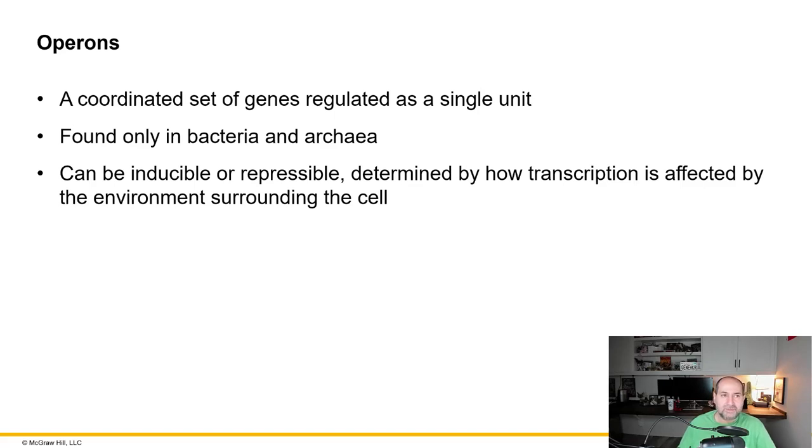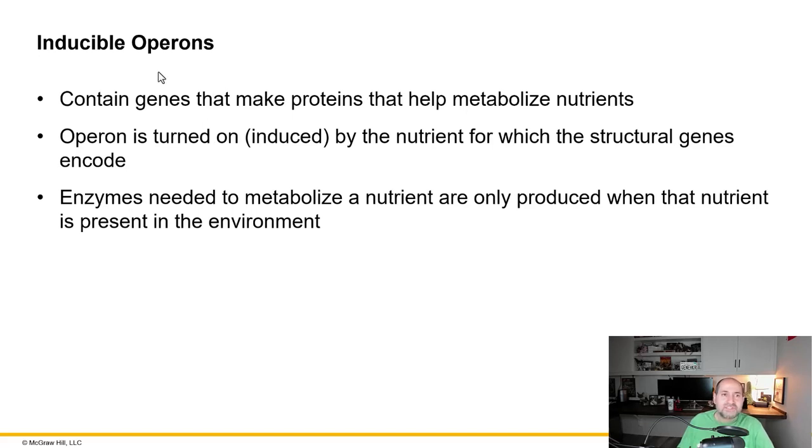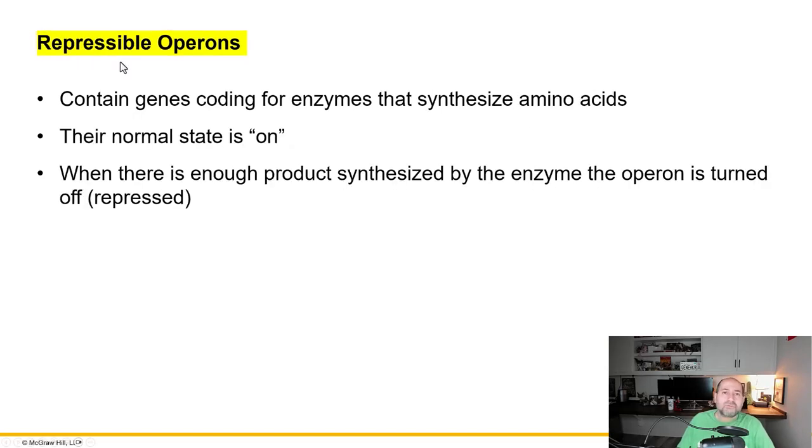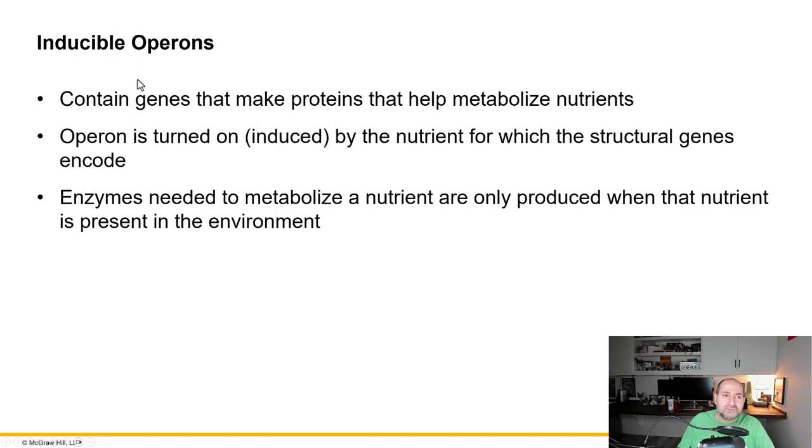So let's talk about how these operons are controlled in bacteria. Operons can either be what are called inducible, or turned on, or repressible, turned off. So let's talk about inducible operons and why they're important, followed by repressible operons and how they could be important for the cell as well.